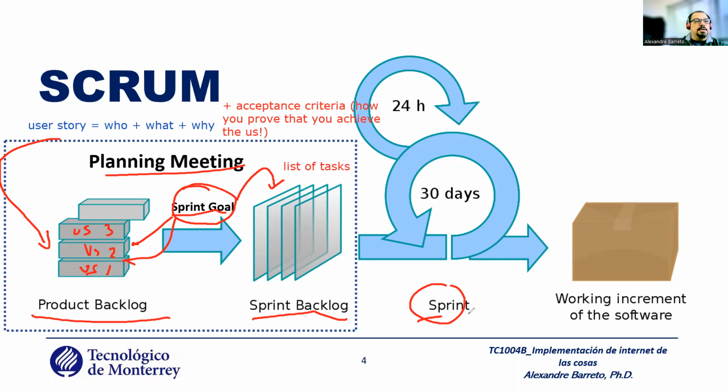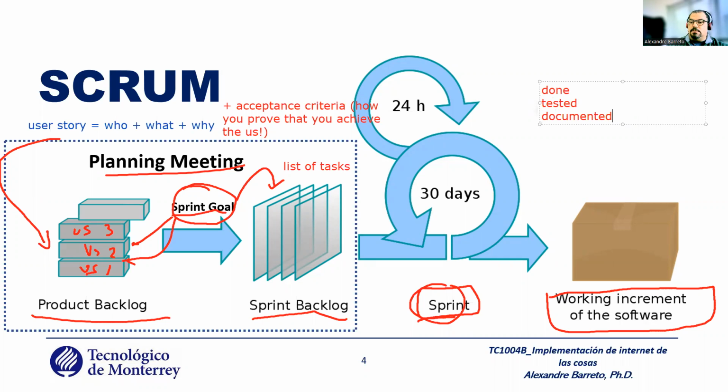A sprint is an amount of time in which you receive requirements and develop incremental work software. What does work software mean? Work software means that the software is done, tested, and documented.